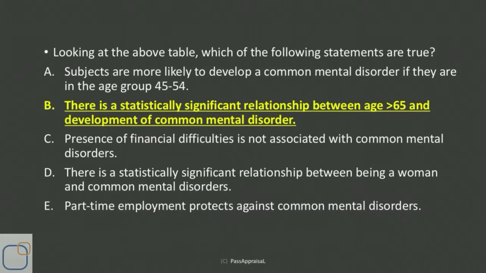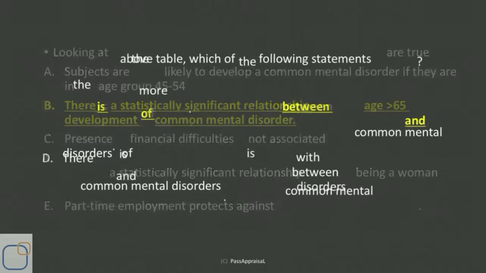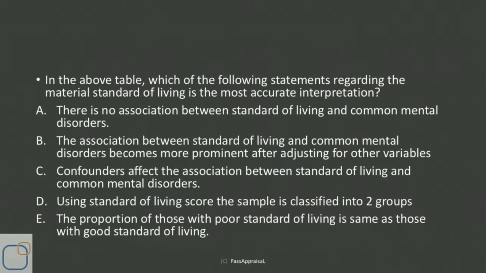It is associated with common mental disorder. So C is false. The only statement that is correct is, as I have told you before, statement B: there is a statistically significant relationship between age greater than 65 and development of common mental disorder. We've examined everything else and all of the other statements are false.